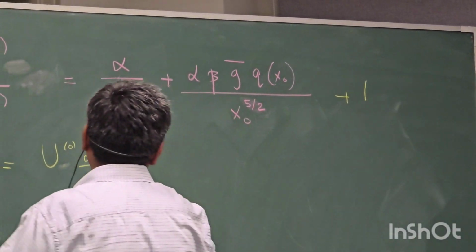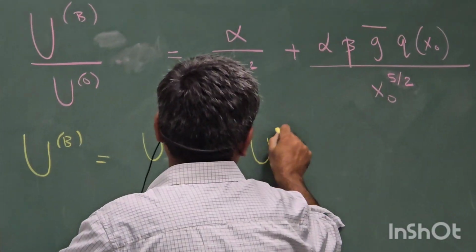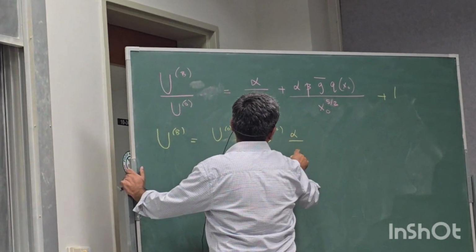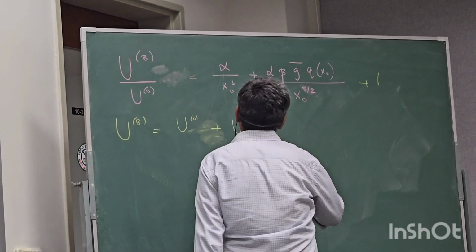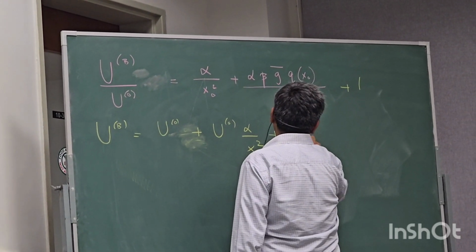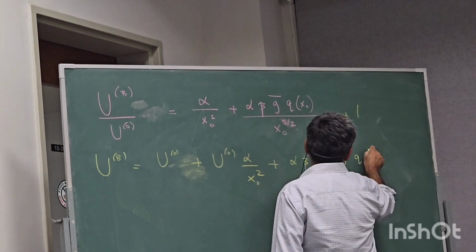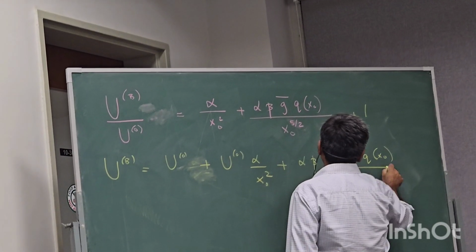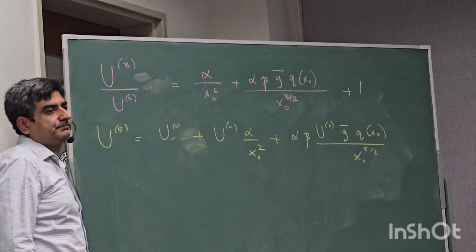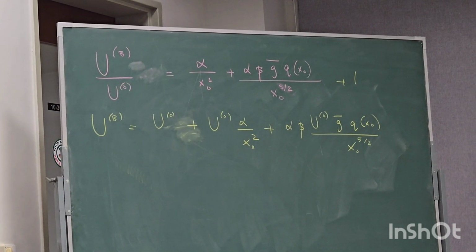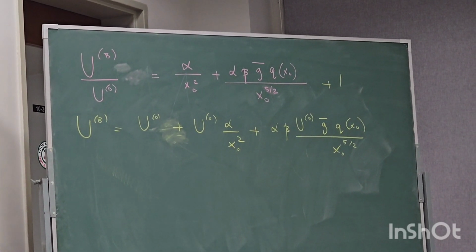So this becomes U naught plus U naught alpha x naught square plus alpha beta U naught g q of x naught over x naught to the power 5 by 2. This is the total energy. You can plot this if you wish. You already know what the values of alpha and beta are.